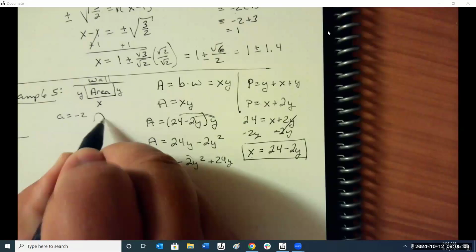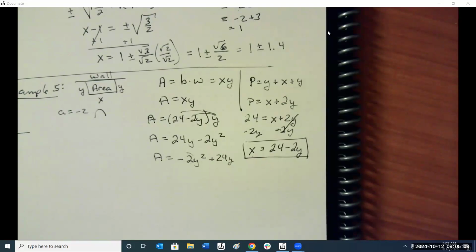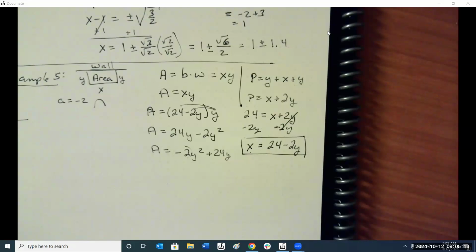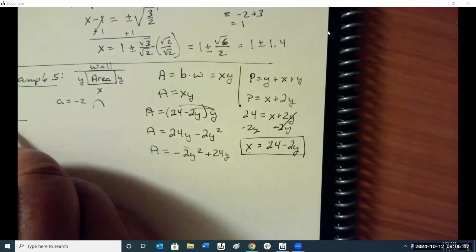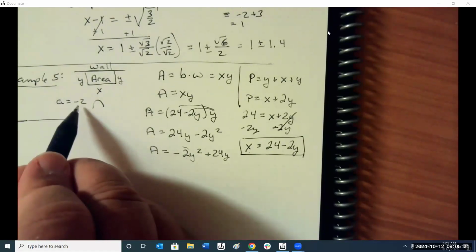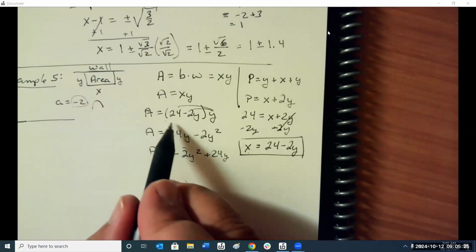So if we look at the graph, do we know the x-intercepts? Yeah, we know them from here.